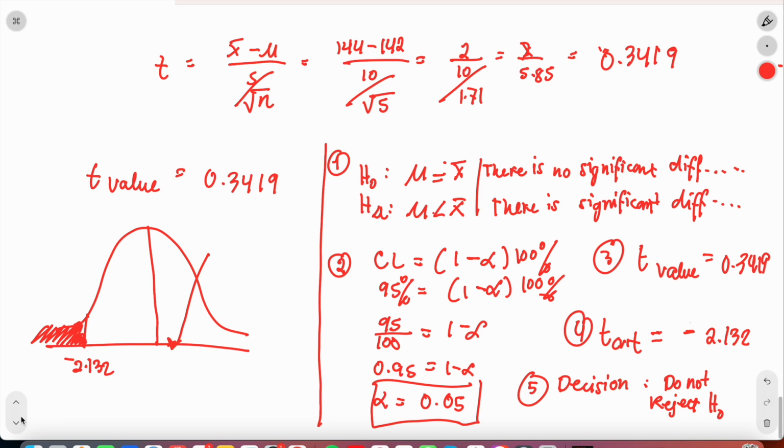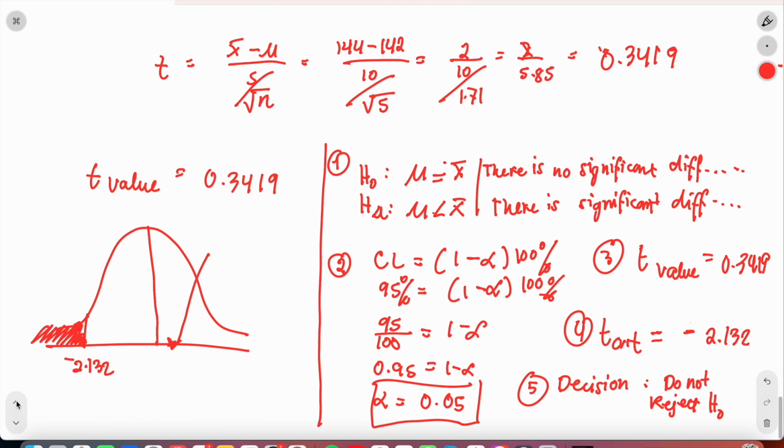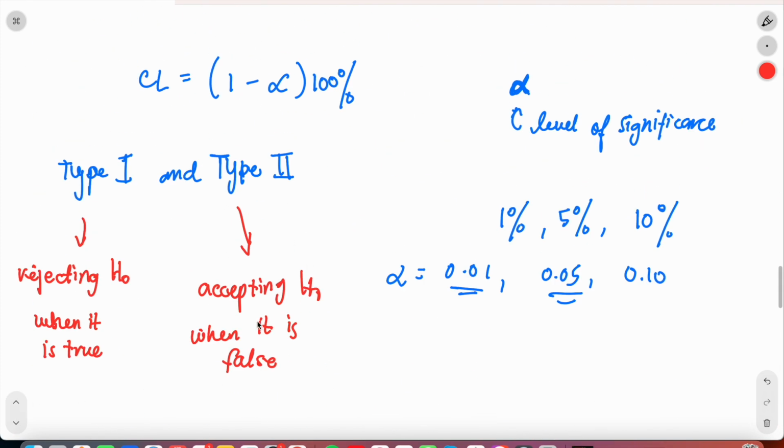So what type of error is this one? We fail to reject the null hypothesis when it is what? False. We accept the H0 when it is false. And what type of error is that again? Accepting H0 when it is false. That is a type 2 error.